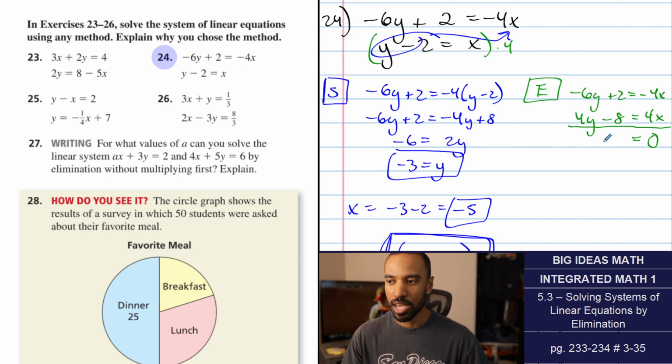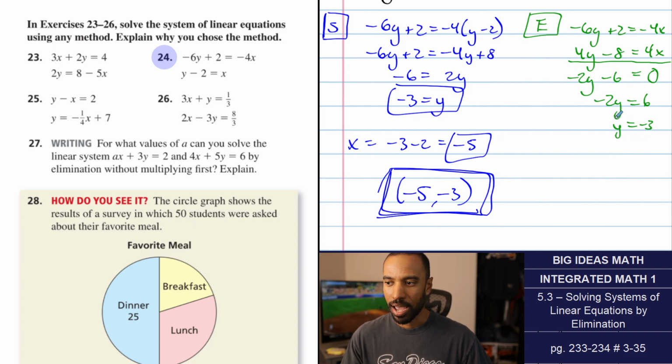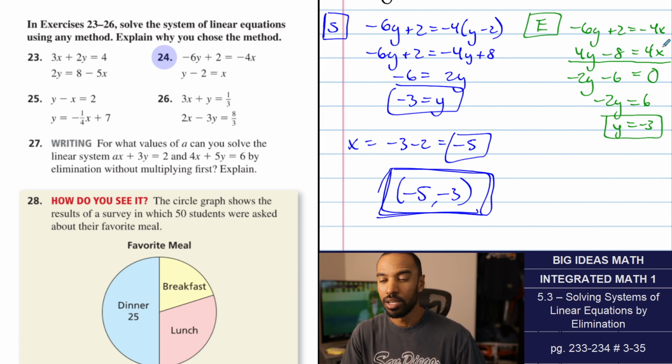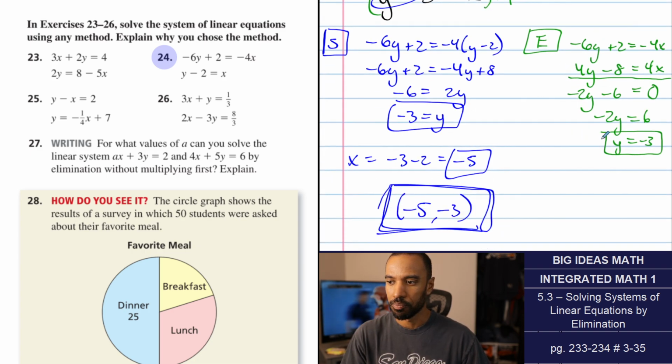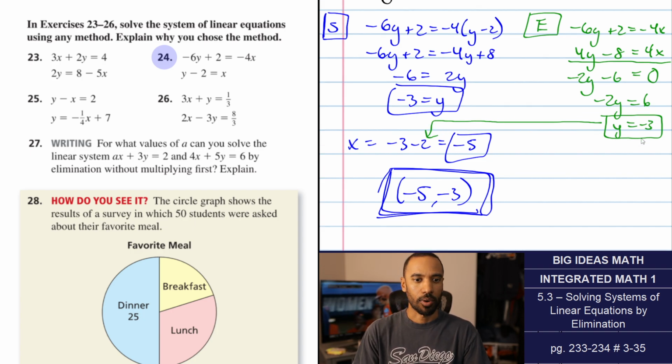And on this same side of the equation, you got a negative 6 and a negative 2y. So there's still more work to do. Add 6 over and divide by negative 2. You get y equals negative 3. So you still get there, right? I feel like a little more work was needed on the elimination portion of that. I'm not done. I still have to solve for x, which I guess this x is still by itself. That's not wrong. So x is negative 3 minus 2, which is negative 5. And we still get the same answer. I'm not going to graph those ones.